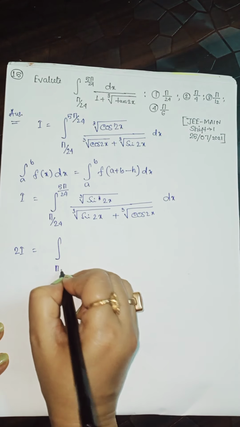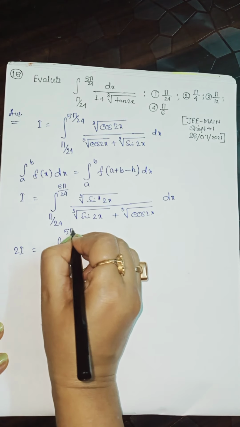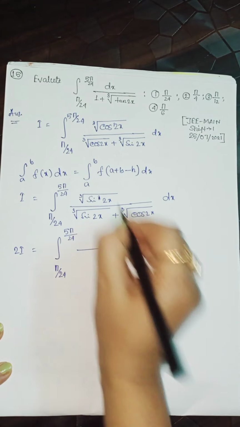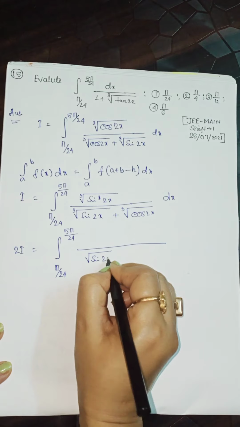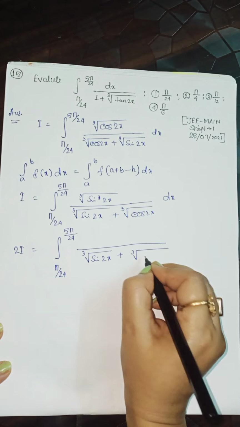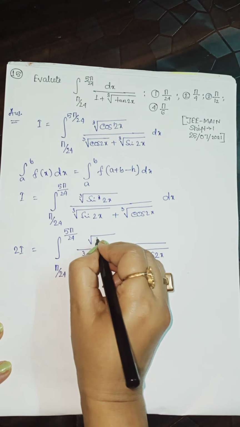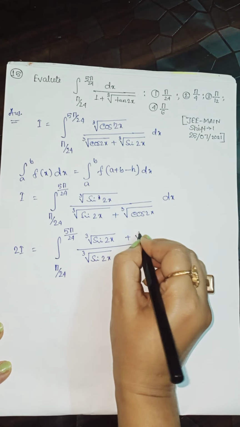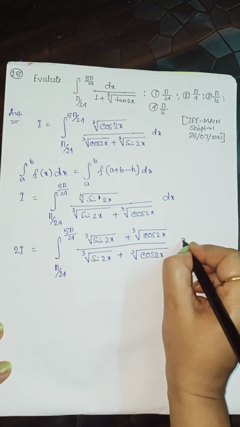2I is equal to the integral from pi by 24 to 5 pi by 24, and the denominator is the same here, so it is sin 2x cube root plus cos 2x cube root, and the numerator is sin 2x cube root plus cos 2x cube root dx.